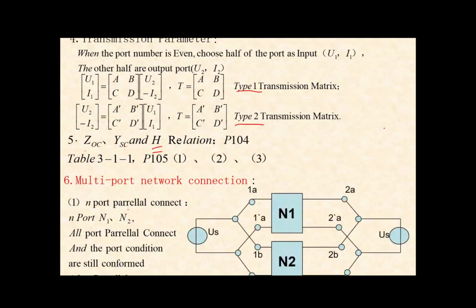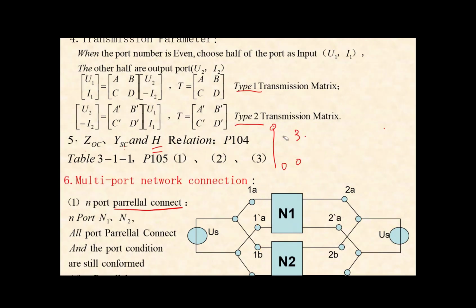At first, parallel connection. This parallel connection we have discussed in the 2-port network, using 2-port as an example. If it is 3-port, assume this is port 3. With parallel connection, this becomes a new port, port 3.